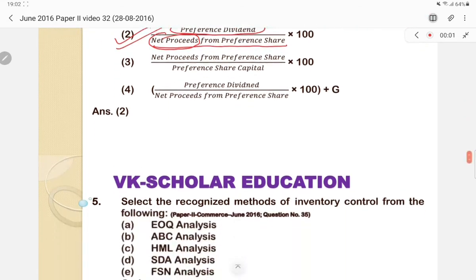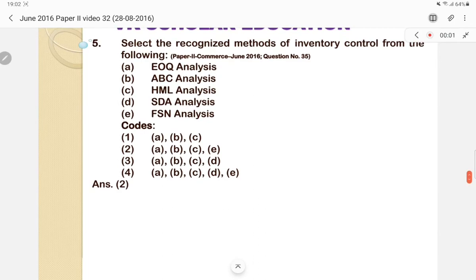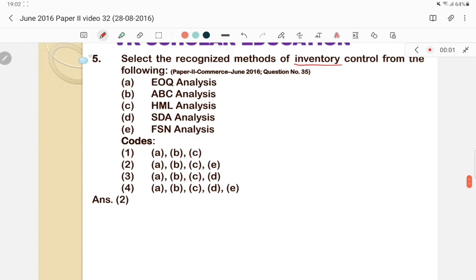Next question is, select the recognized methods of inventory control from the following. So EOQ stands for economic order quantity. This is the economic order quantity. ABC stands for always better control analysis. HML stands for high, medium, low analysis.